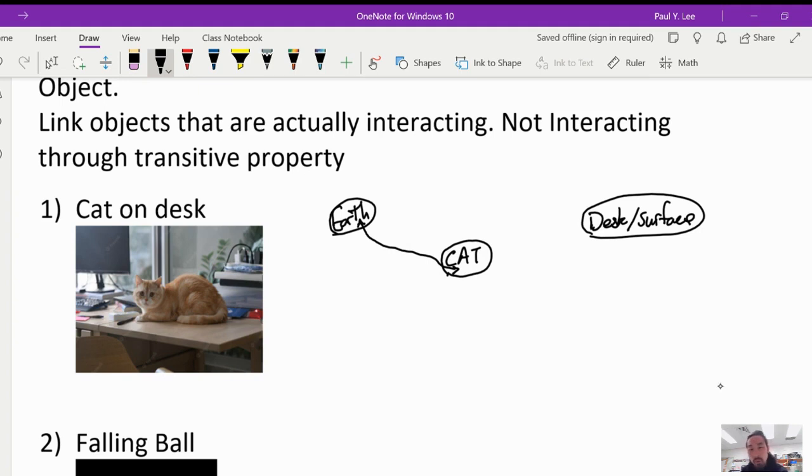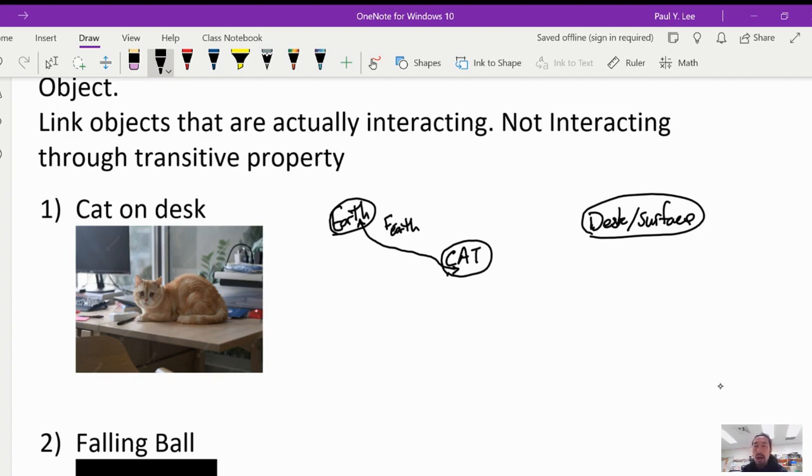We will label this interaction the force of the earth, or the force of gravity. In the next video, I'll go over the notation for these different kinds of forces, but for now, we'll just call it the force of the earth.